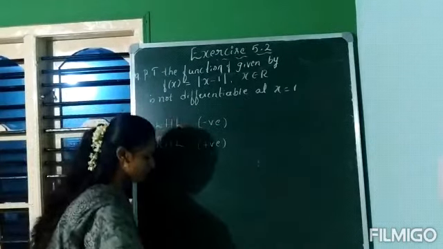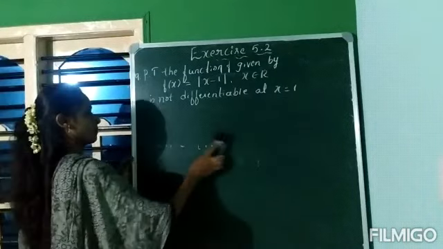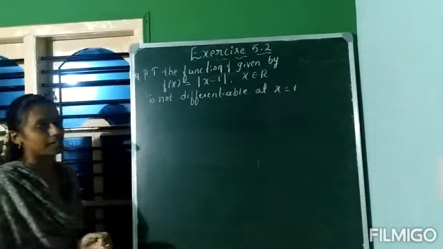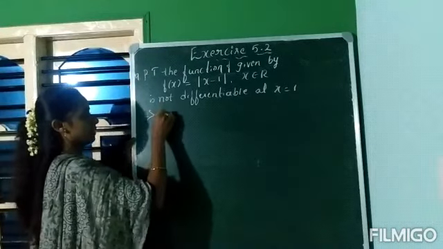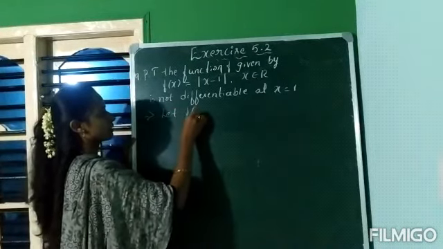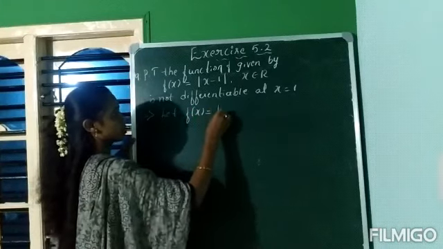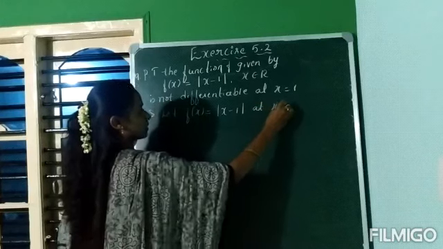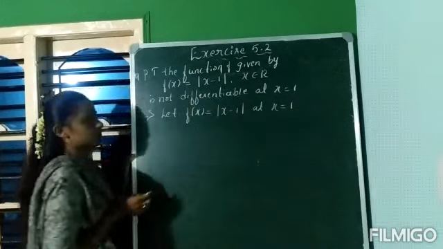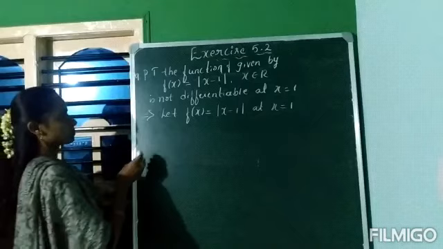So now I'll prove this with the help of the limit definition. Let f of x be modulus x minus 1, at x equal to 1. I'll consider this one.